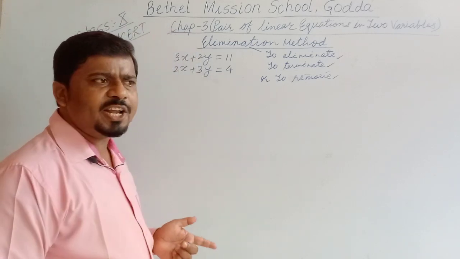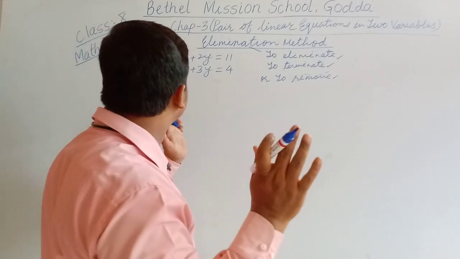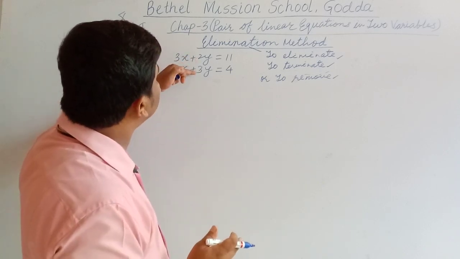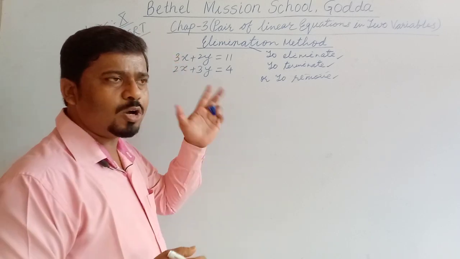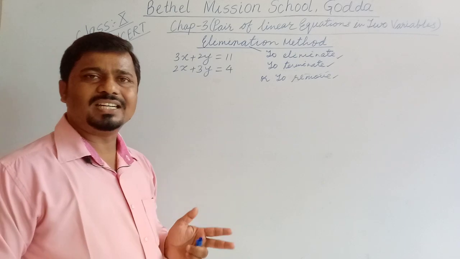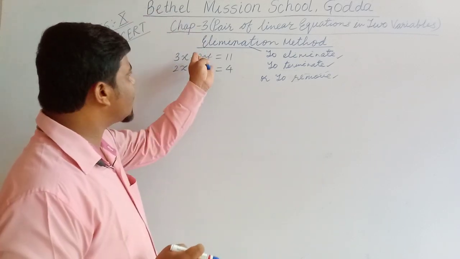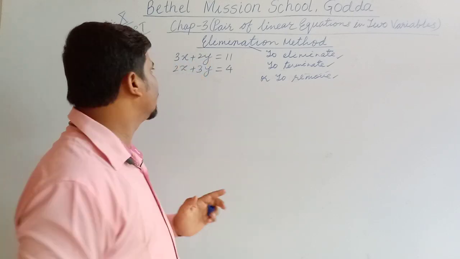For removing, we need to make the coefficients the same, and the signs of both the terms should be different. If one is positive, another should be negative. If one is negative, then another should be positive. So signs should be different, and their coefficients should be the same.